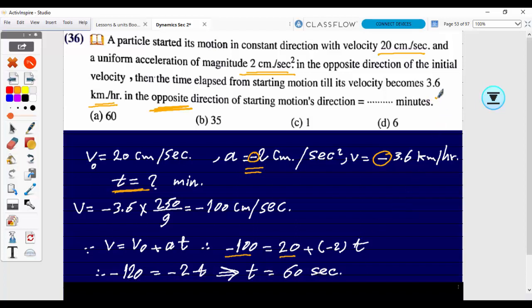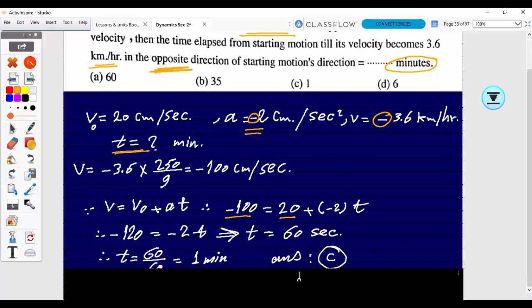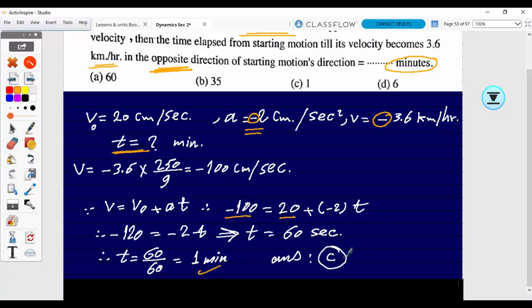But the required here is to find the time in minutes. So dividing by 60, t equals 60 divided by 60 equals 1 minute, and the solution is letter C.